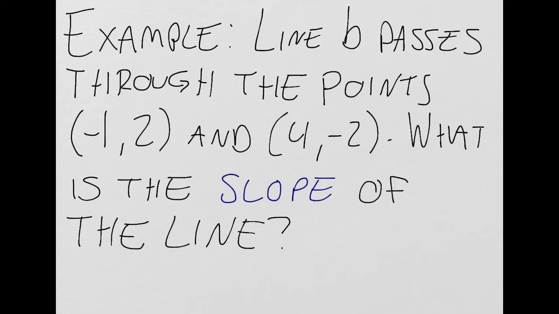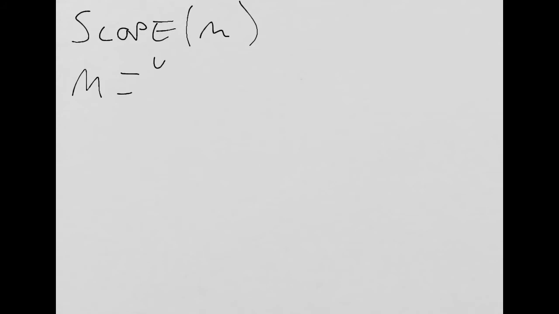So let's look at an example. Line B passes through the points -1, 2 and 4, -2, and we want to find the slope of the line. So what we want to do is, again, slope is represented by the letter m. And if we remember, we had m, slope, equals y2 minus y1 divided by x2 minus x1.